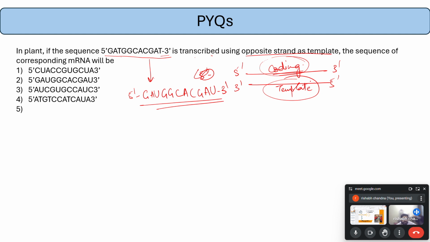So the opposite strand will be acting as a template. That means this is the coding strand, so the mRNA sequence will be the same. So the correct option is option B.